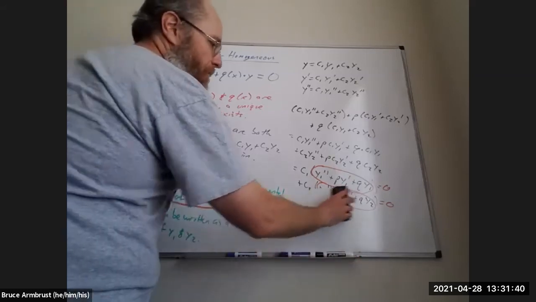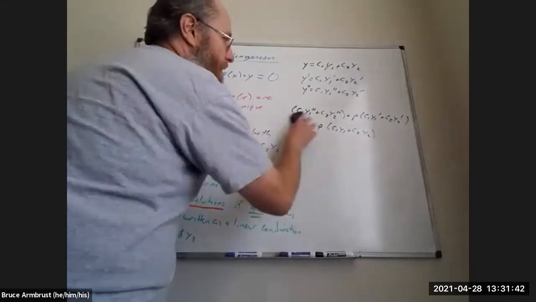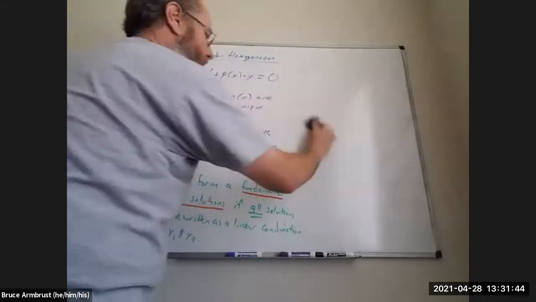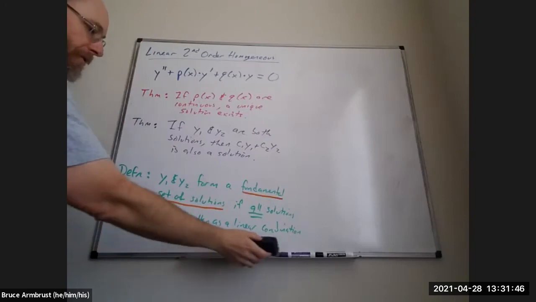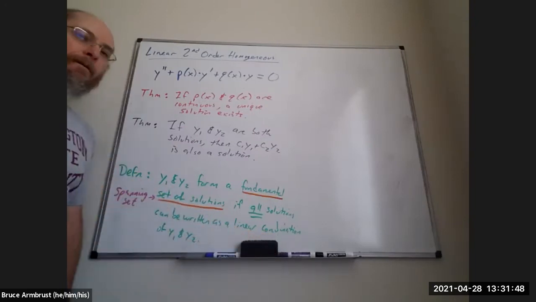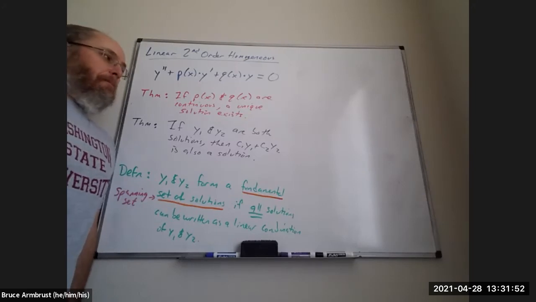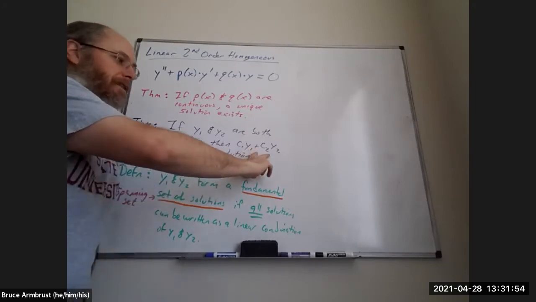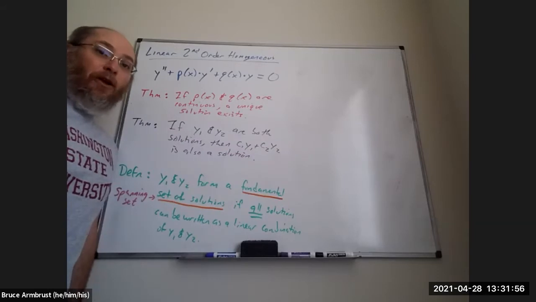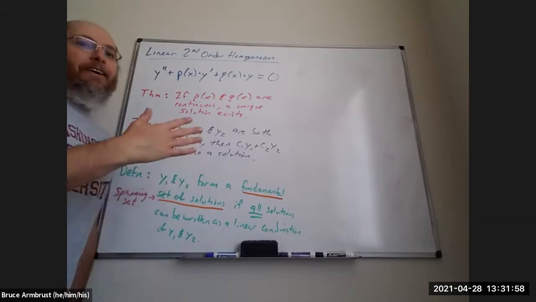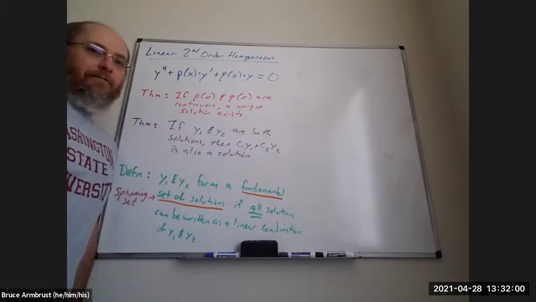Okay, so really our goal is going to be to find a fundamental set of solutions. Because if we've got a fundamental set of solutions, we can just take linear combinations of them, and we know for sure we've got every solution out.